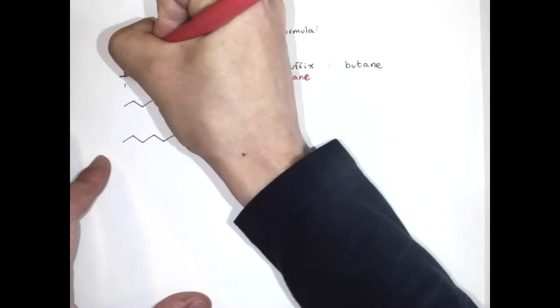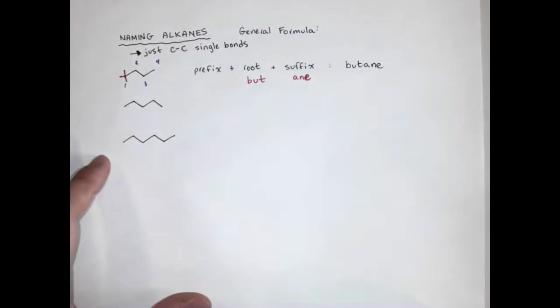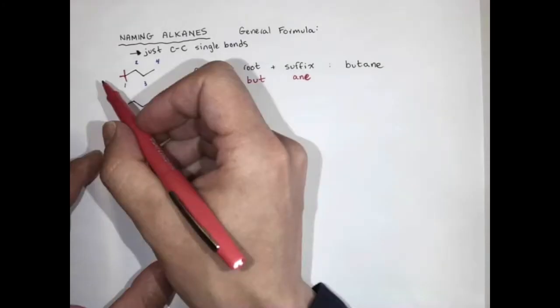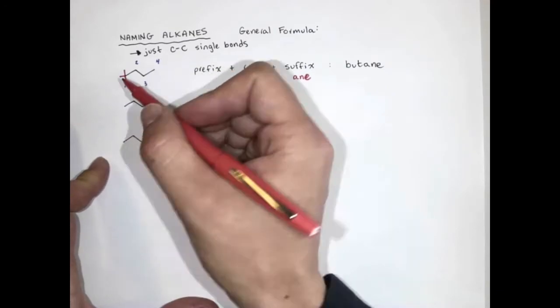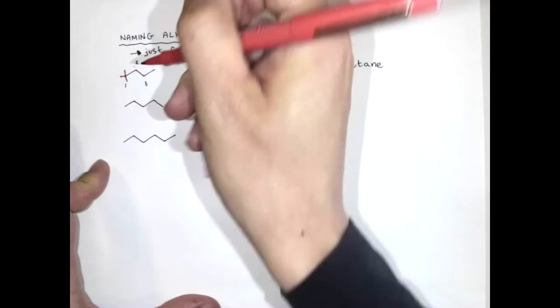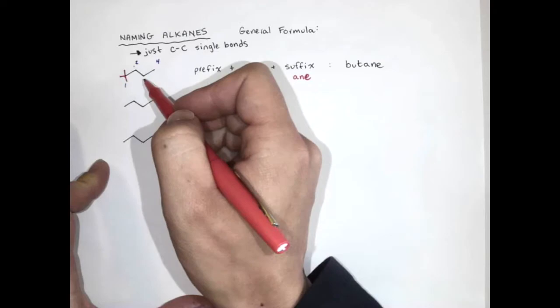I'm just going to indicate these with red lines. I don't want you to actually draw in these red lines, and no line structural formula will have these little lines showing hydrogens, but I'm using them to show you where the hydrogens are located. So carbon 1 is going to have 3 hydrogens. Carbon 2 has a bond to carbon 1 and a bond to carbon 3.